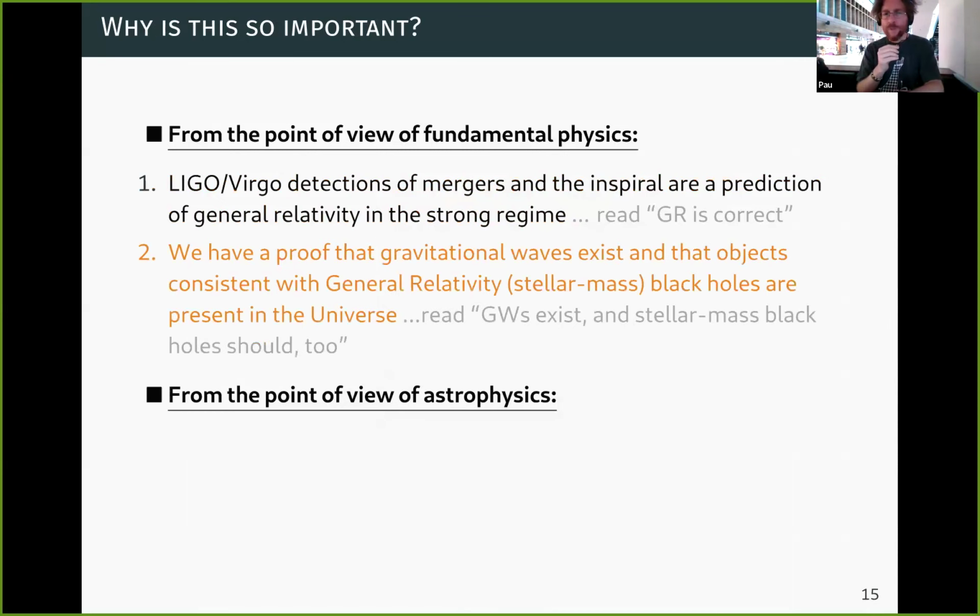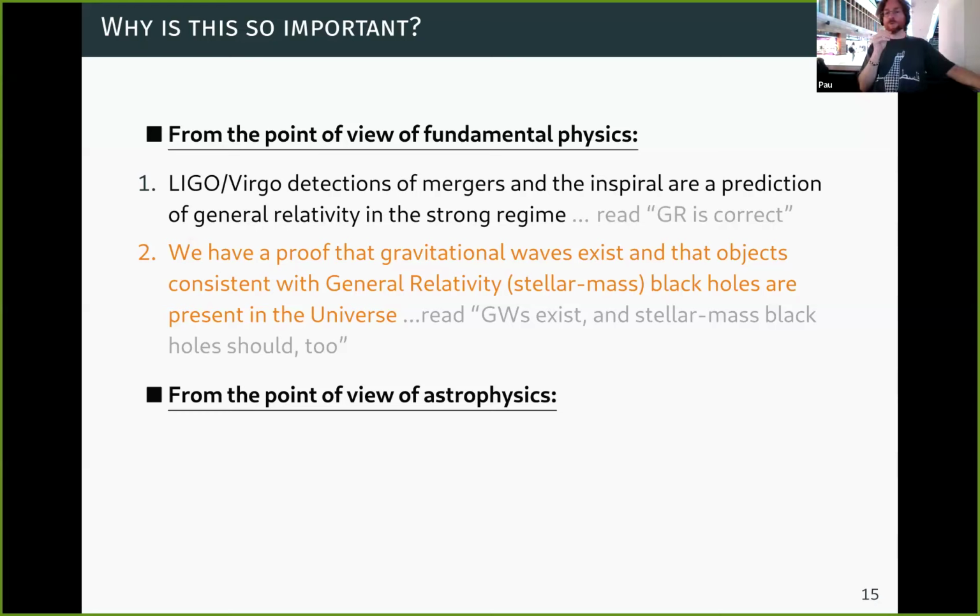Number two, we have a proof, again, I don't like the word evidence, a very strong evidence that gravitational waves exist and that out there in the universe, objects consistent with general relativity stellar mass black holes are present. Again, this is a long way of saying gravitational waves are there, and it looks like a stellar mass black hole should be there too.